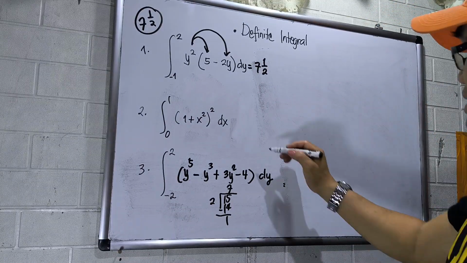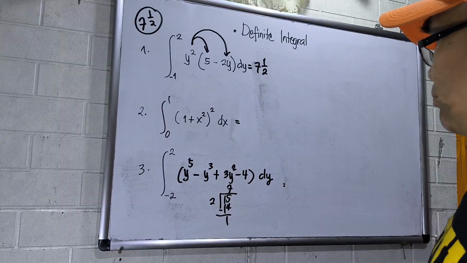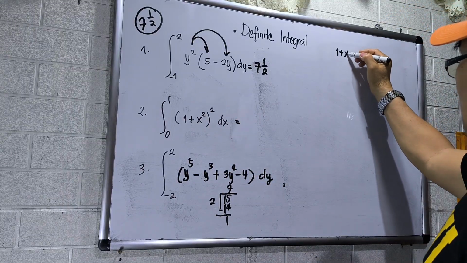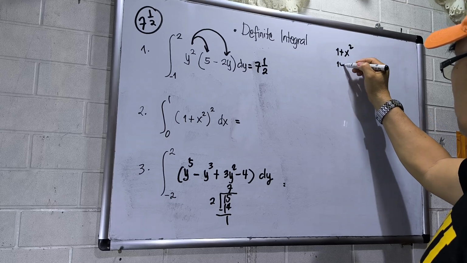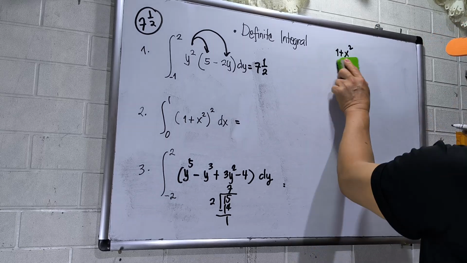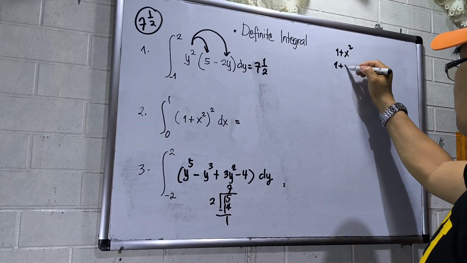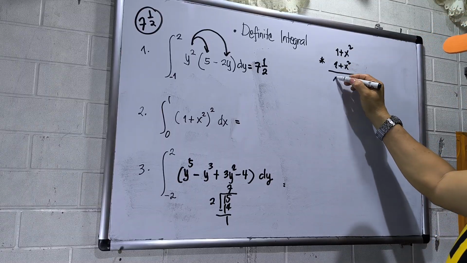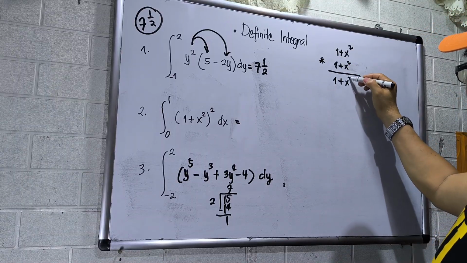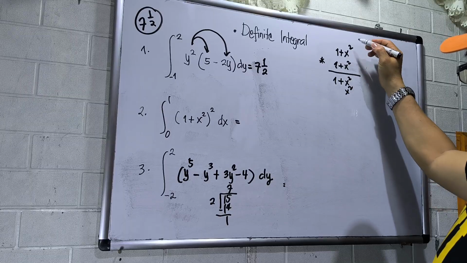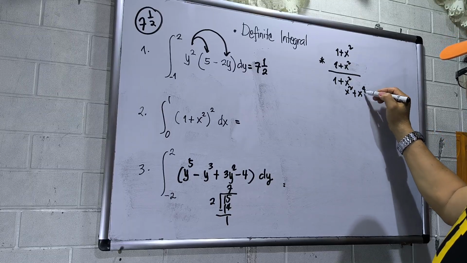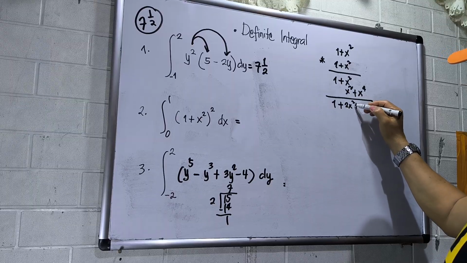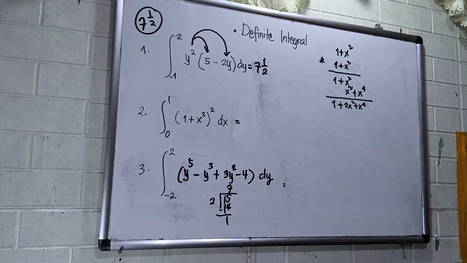Okay, number 2 is to expand (1 plus x squared) times (1 plus x squared). 1 times 1 is 1, plus x squared, then x squared, then x squared times x squared is x to the 4th. So bring down 1, this will be 1 plus 2x squared plus x to the 4th.